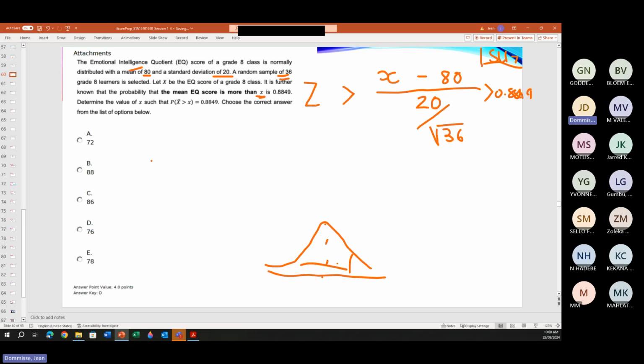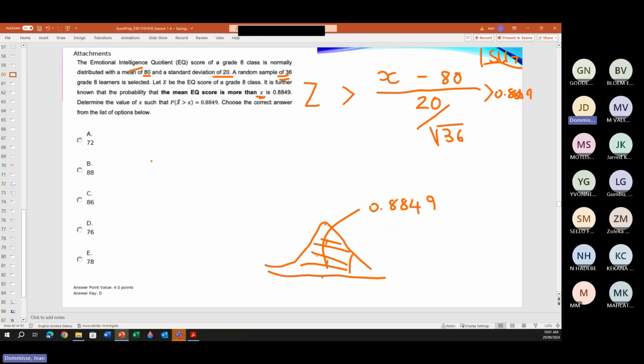Okay, so 8849. So I would have said, phew, that is my 0,8849. Let's just make 100% sure about this. No, it is the other way around, because that is less than.